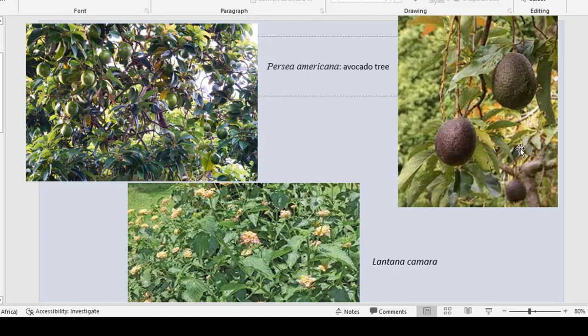And you find that the species which is indigenous to that community or area is being outcompeted by that invasive species.